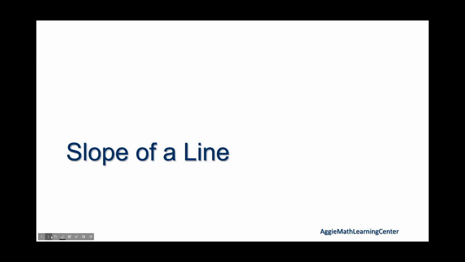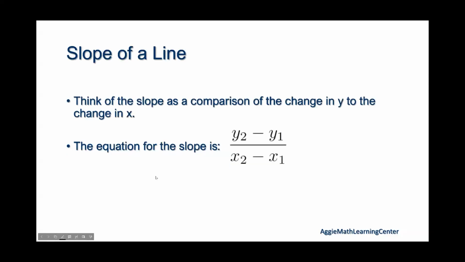Okay, so related is determining the slope of a line. I believe specifically given 2 points. So as a reminder, the 2 points would be written as x1, y1, and x2, y2.